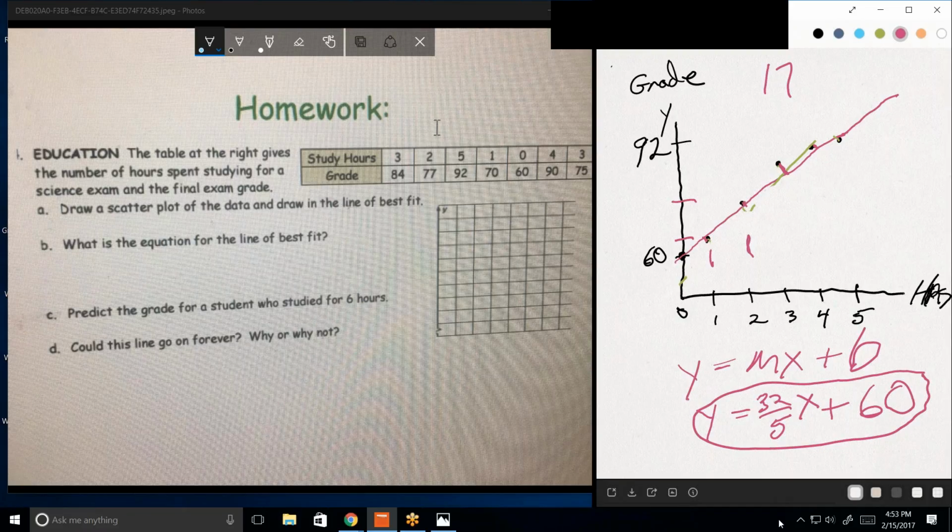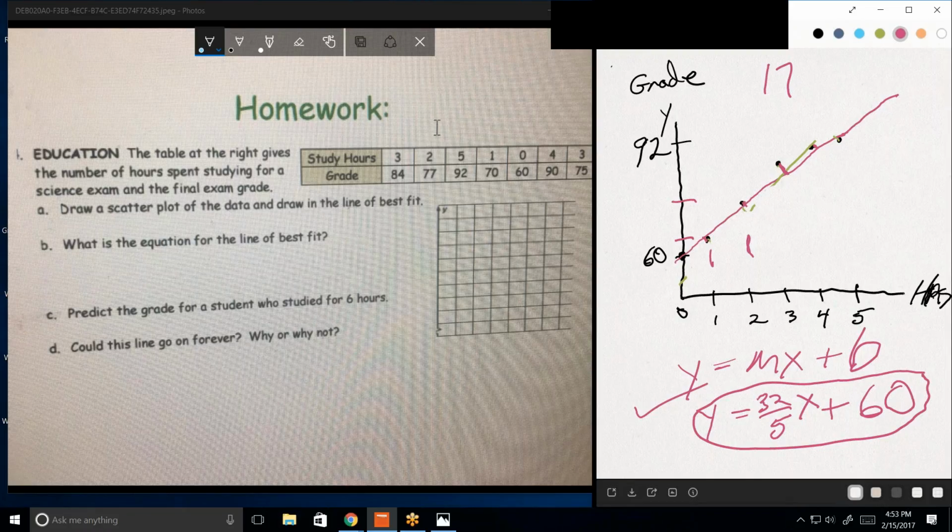That's what was 32, and the run was 5. Okay? So if he just wants you to estimate the equation for the line of best fit, that works right there. And now you can answer the rest of them.